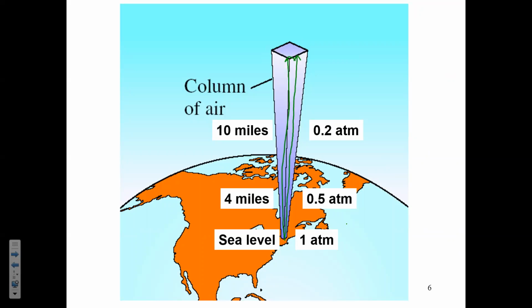So at 10 miles in the atmosphere, I have a pressure of 0.2 ATMs. At 4 miles in the atmosphere, you see it increases to 0.5 ATMs, which means that down on Earth here, my pressure is 1 ATM. We are 1 atmosphere standing at sea level.